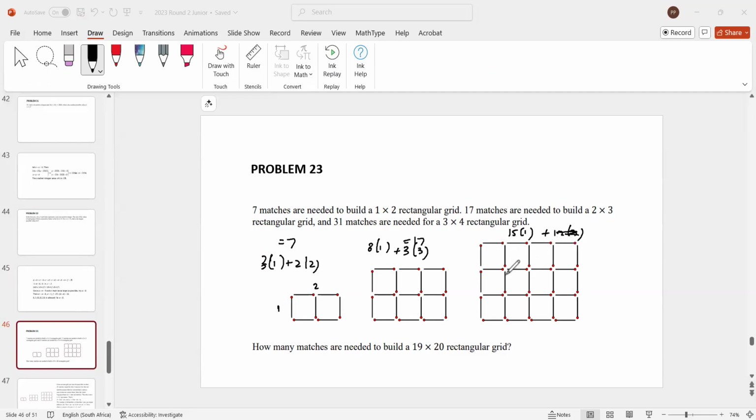Oh, you've got 4 here. You've got 12 horizontal, and you've got, no, you've got 16 horizontal and 15 verticals, 5 3s.